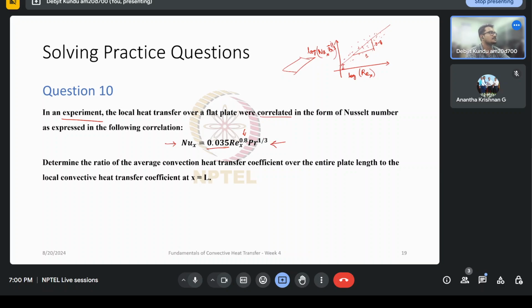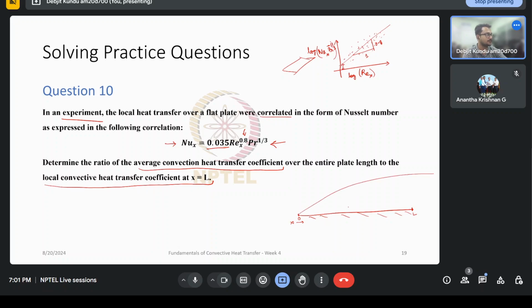Given that I found that the Nusselt number varies with Reynolds number in this fashion, what we have to do is determine the ratio of the average convection heat transfer coefficient over the entire plate length to the local convective heat transfer coefficient at x equal to L. Let's say the plate was of length L, x goes from 0 to L, and I had some boundary layer over it.